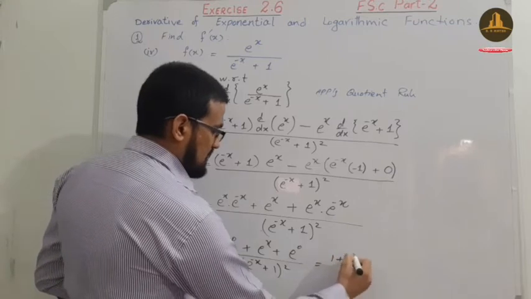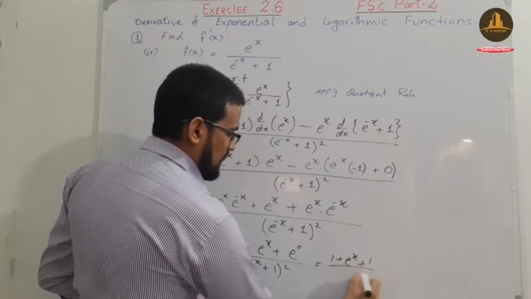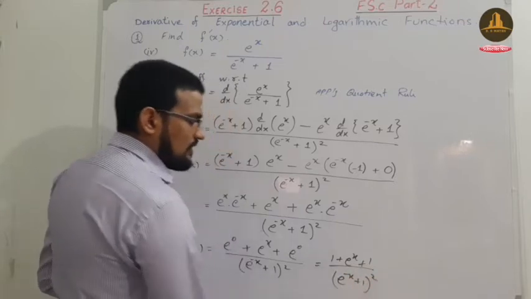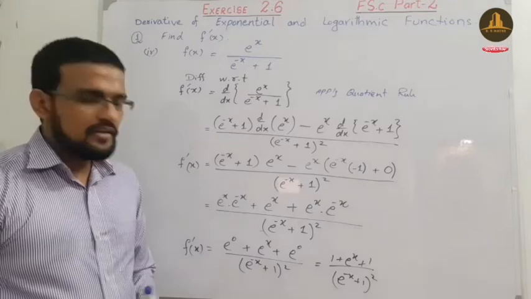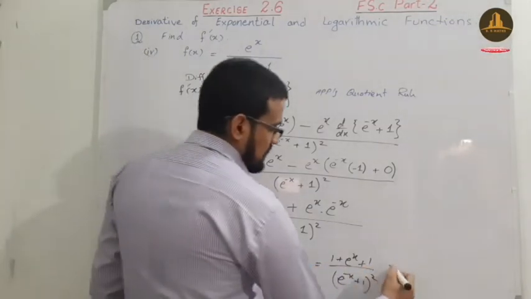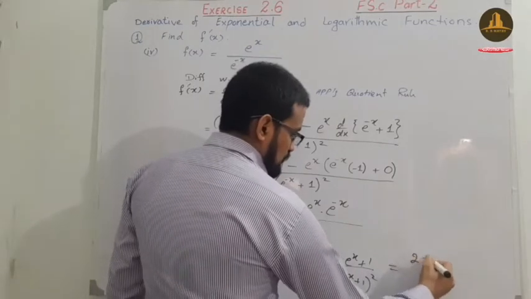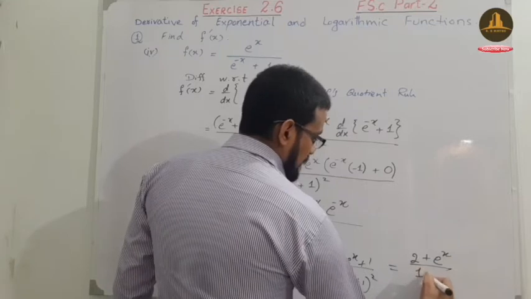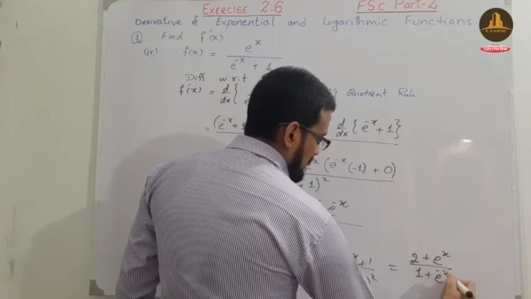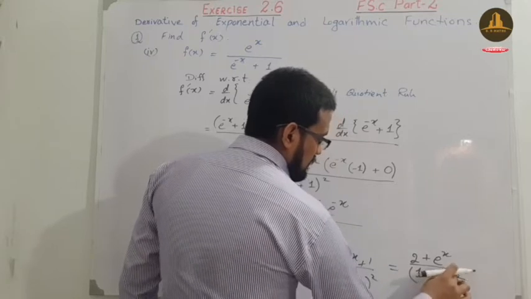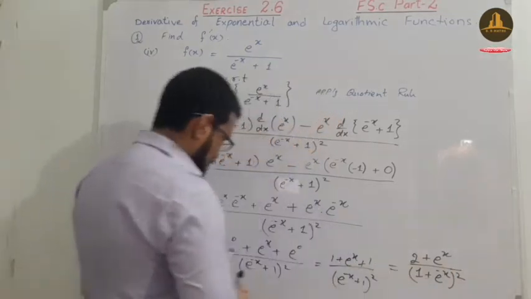So 1 plus e raised to power x, over e raised to power minus x plus 1 whole square, and then the final result will be 1 plus 1, 2 e raised to power x, and then finally 2 plus e raised to power x divided by 1 plus e raised to power minus x whole square. Yes student, this is the final result.